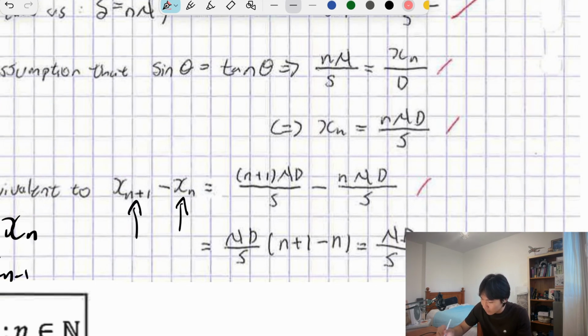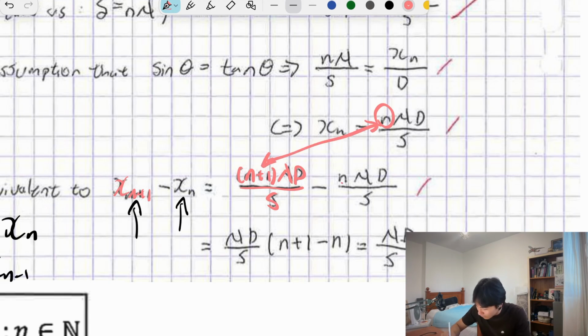So we can say that xn plus 1 is just going to be n plus 1 times wavelength times d over s, right? Because we're just replacing n with n plus 1, right?